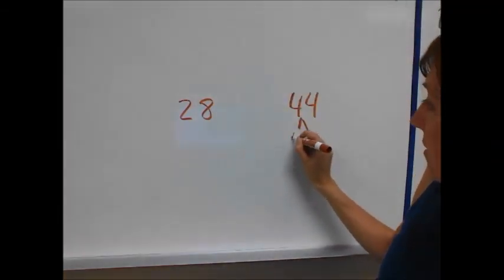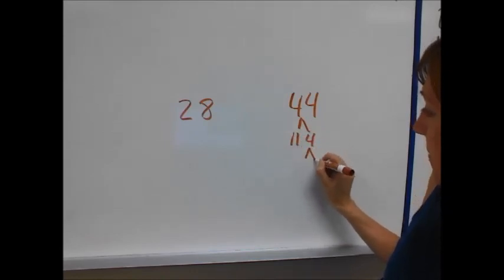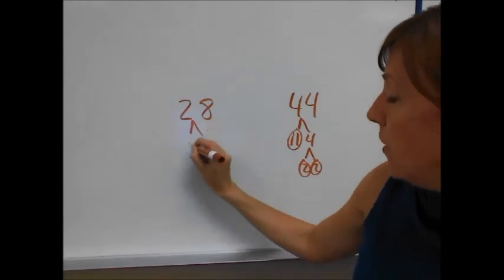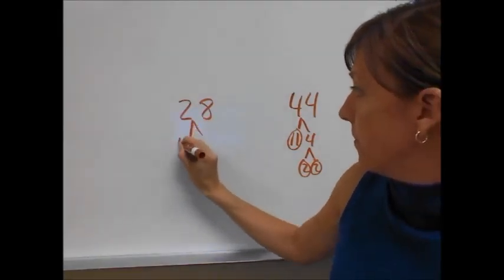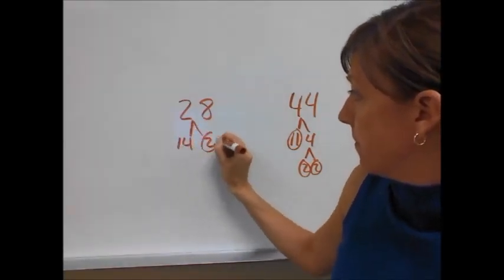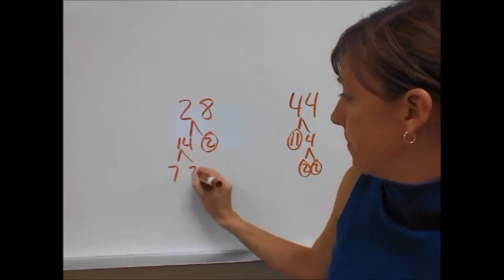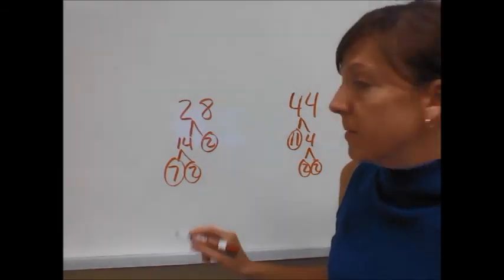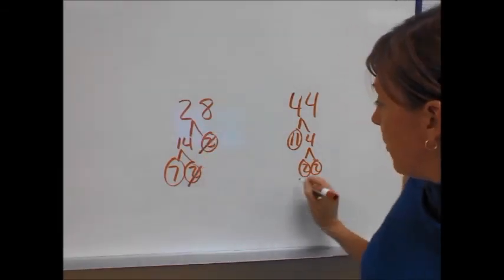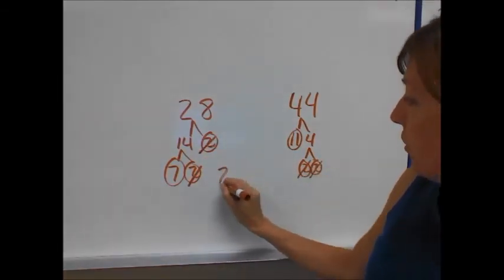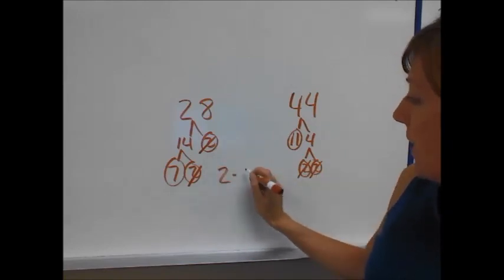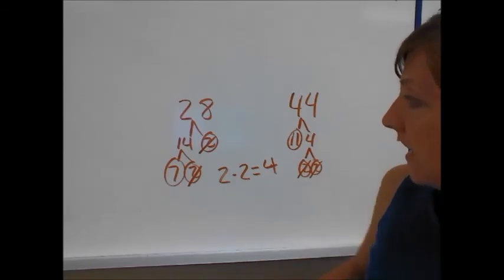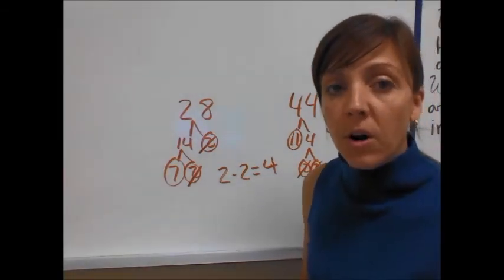So I'm going to break these down into factor trees, find the prime numbers on both, and find what they have in common. Again, on this factor tree, they both have 2 2s in common. So I write down what they have in common only once, and I find that Morgan can make 4 goodie bags.